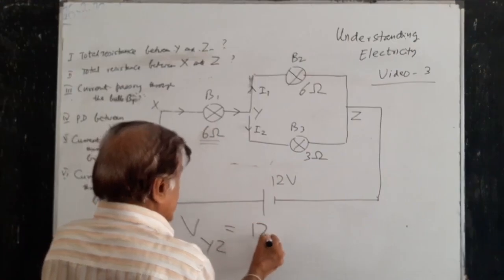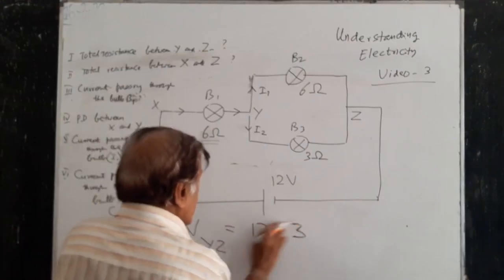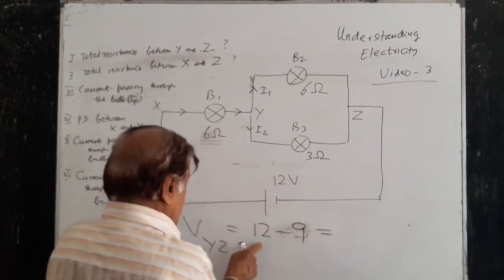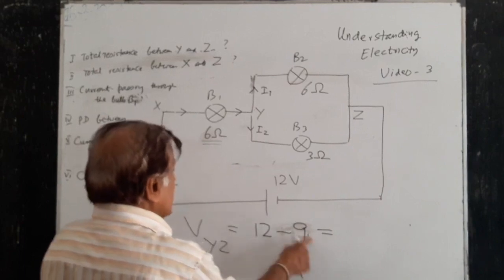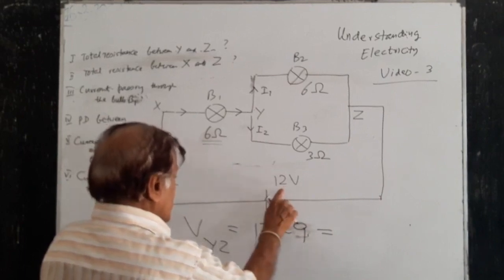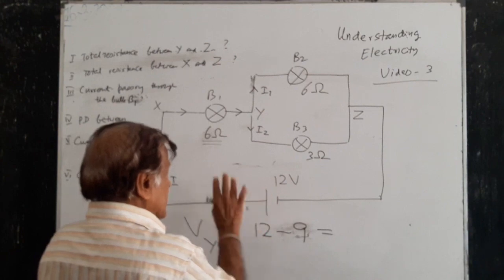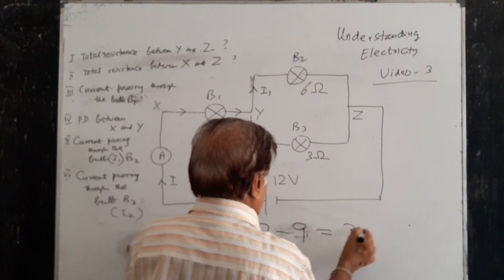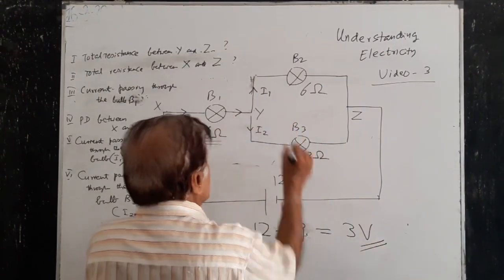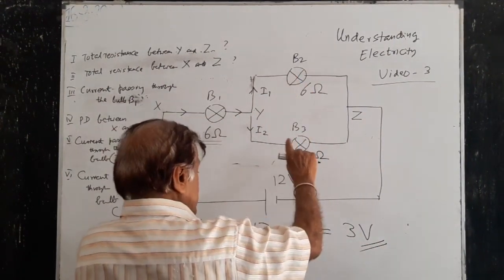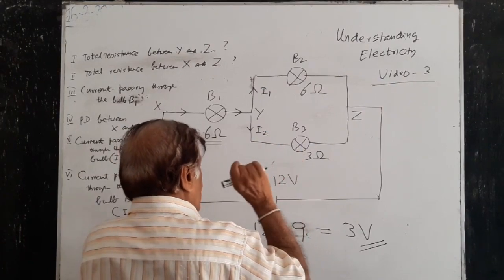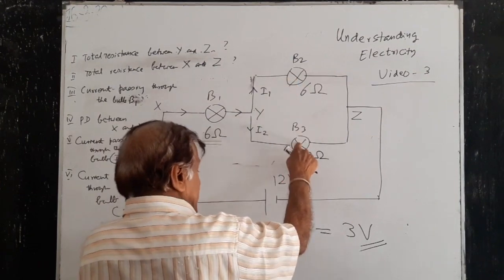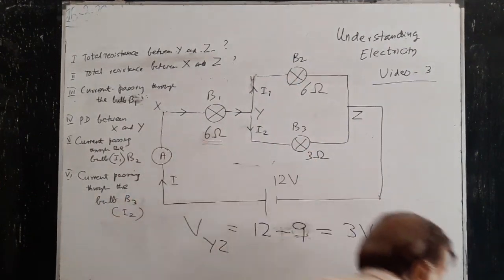Now you have to subtract 9 from 12. 12 is the total potential difference. Subtract 9 from this, 3 volts. So the potential difference for these two bulbs is 3 volts.